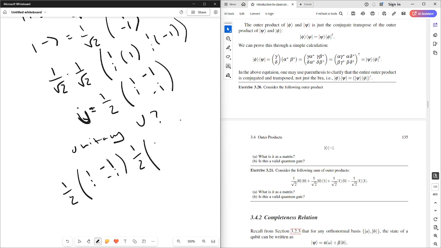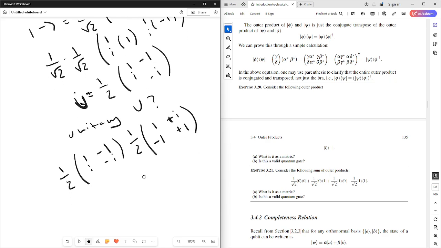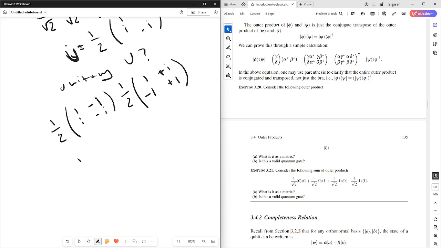So rows become columns. And we're also going to flip the signs of all of our complex parts here. So these become positive. We wind up with 1/4, and let's solve for our 2 by 2 matrix here.